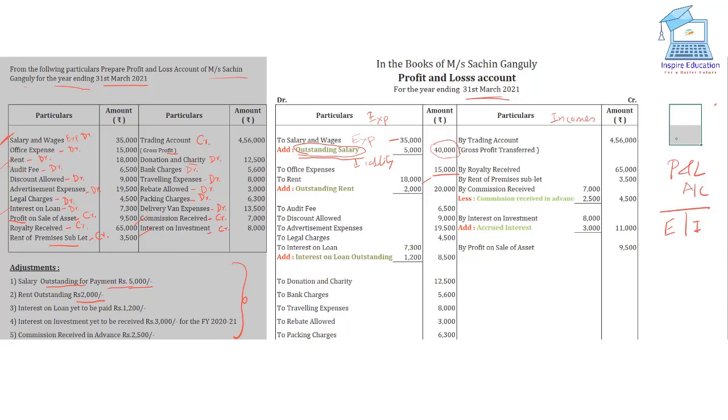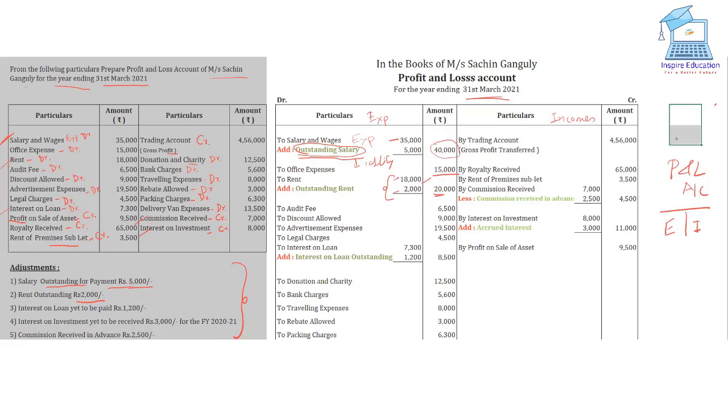Then we have to add this amount. Altogether, the expenses in respect of rent for this year is how much? 20,000. 18,000 paid and 2,000 unpaid. It is not necessary that all the expenses should be paid. The expenses which are not paid but pertain to a particular financial year or accounting year are charged in the profit and loss account.